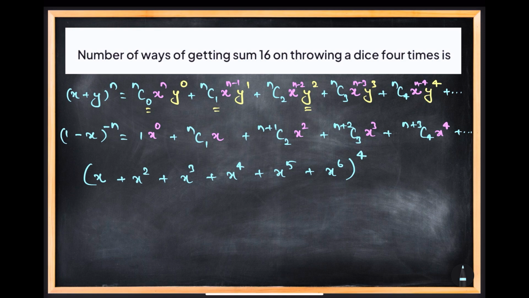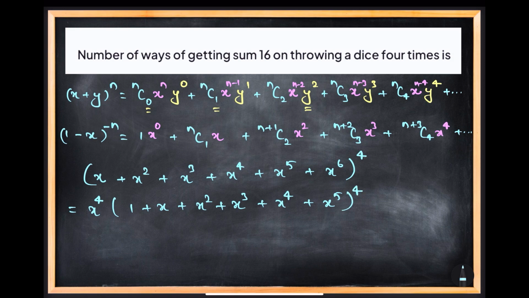Now just simplify things. If you observe, you have x everywhere. So can I take x common? If I take x common, x will have power 4, and inside it will become 1 plus x plus x square plus x cube plus x power 4 plus x power 5.